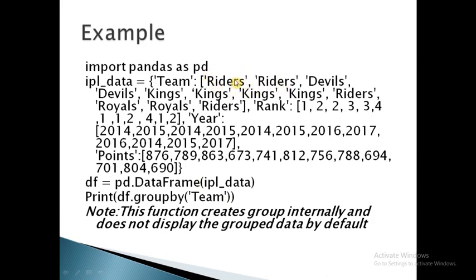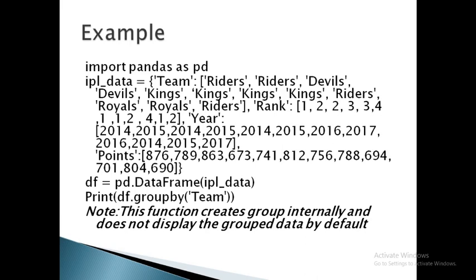Riders we have four, and two Devils, and four Kings. So this is the example. This function creates groups internally and it does not display the group data by default.